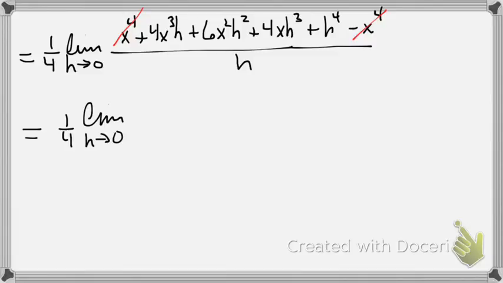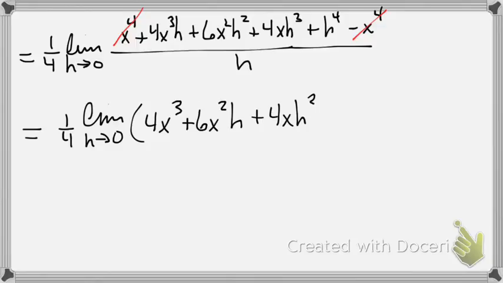The limit as h approaches 0. And everything that's left has an h in it. So what goes in my parentheses? 4x cubed plus 6x squared h plus 4xh squared plus h cubed.